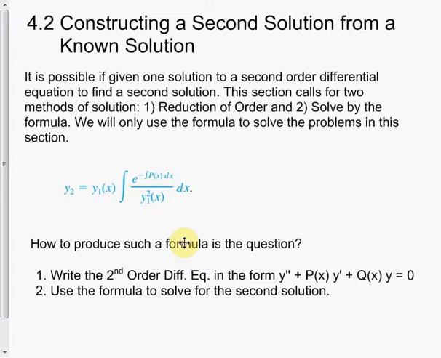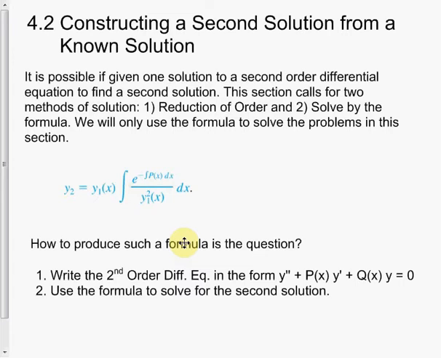So this is y sub 1 to be squared. So we just solve this and we get the second solution. Okay. So this formula is known, and just use that.